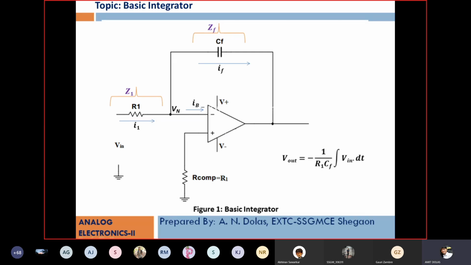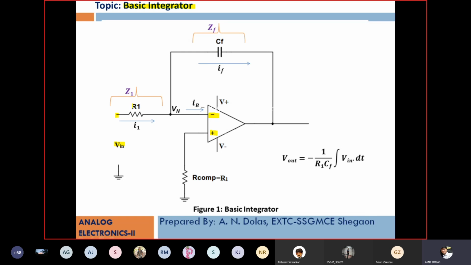Then the basic integrator, you can see what the change in the circuit is, till the time we dealt with an amplifier. Now we move to the integrator, and later on we'll move to the differentiator. So this is the basic integrator using an operational amplifier. You can see the mode of operation. This is the input voltage V in, which is connected here to the inverting terminal, so it will be inverting mode, of course.